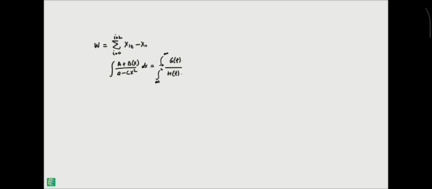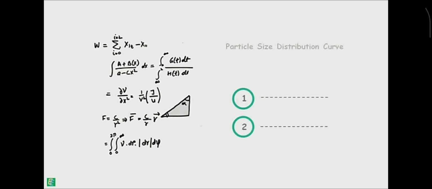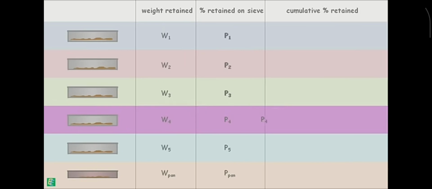For calculation purposes and to determine some important characteristics, we also calculate two values. First one is cumulative percentage retained. Let's write our calculations in a table. Now, cumulative percentage retained of any sieve is the percentage weight retained on that sieve plus the percentage weight retained of all the sieves above it.